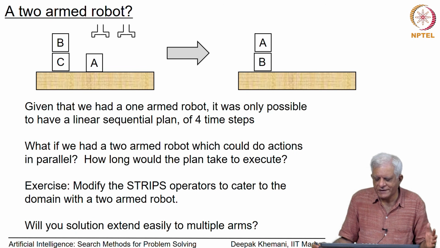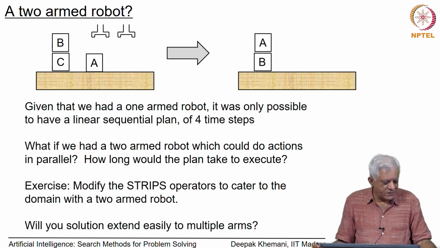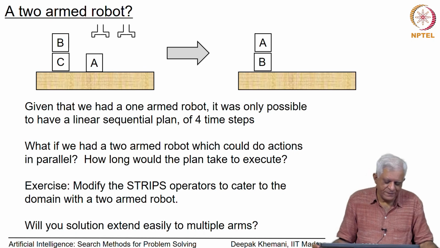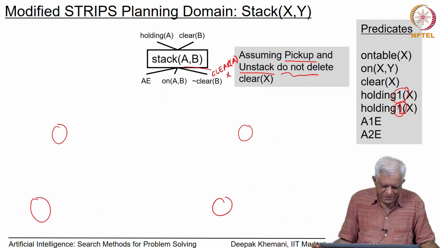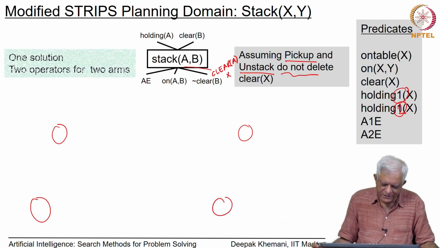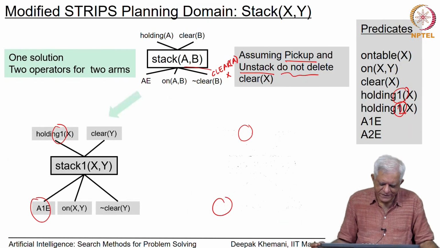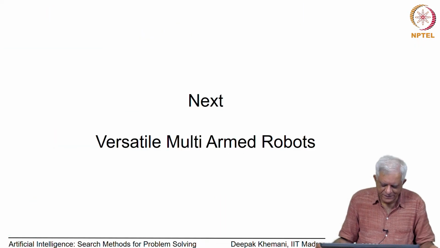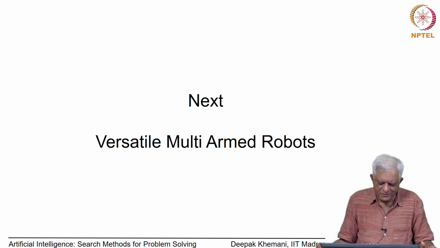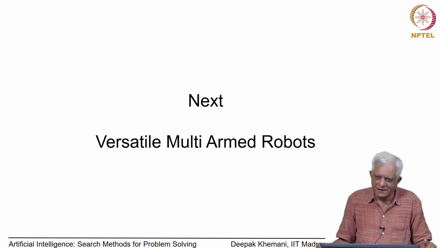How would you think of modifying the planning operators to do that? So, I will leave you with this small exercise and we will ignore this simple solution that I have given, and in the next session we will see how to model versatile multi-arm robots essentially.